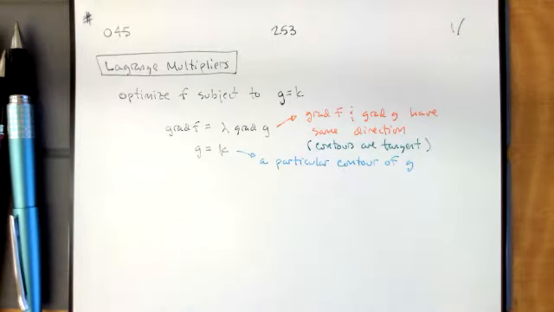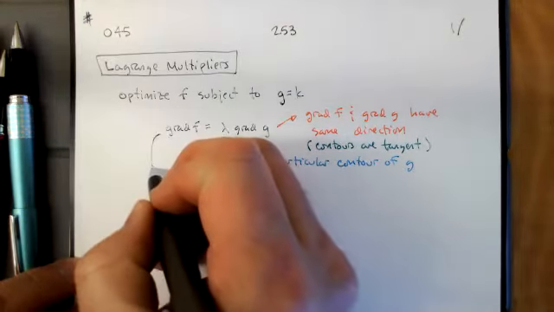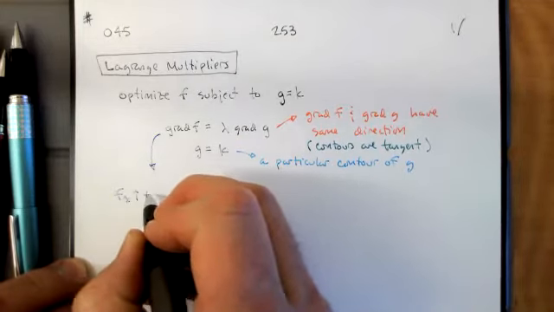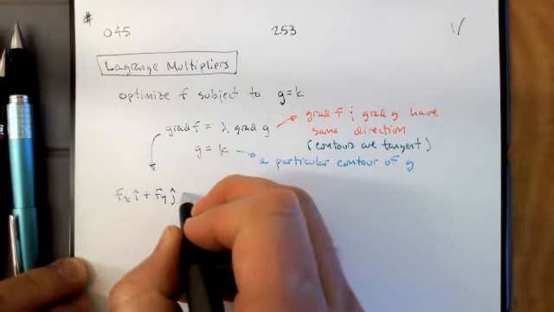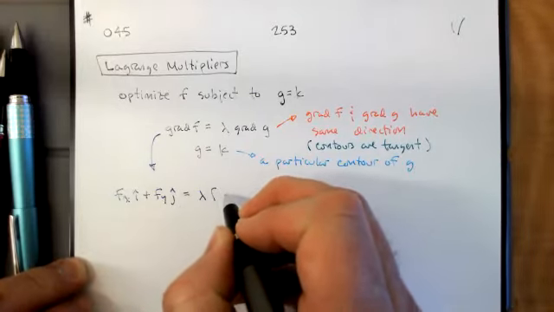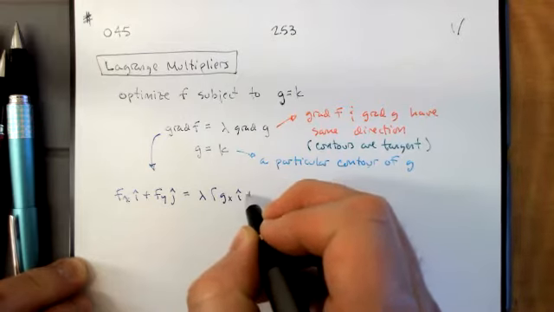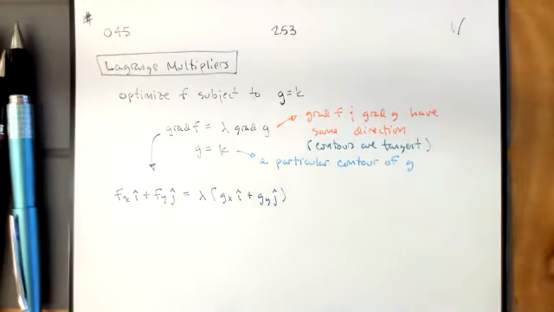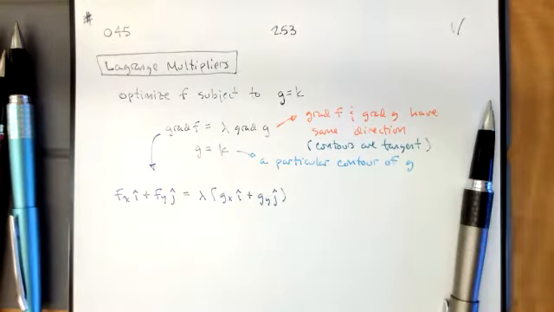What this means mechanically is that fx i hat plus fy j hat is equal to lambda times gx i hat plus gy j hat. So we want fx to equal lambda times gx and fy to equal lambda times gy. That's what we're asking.